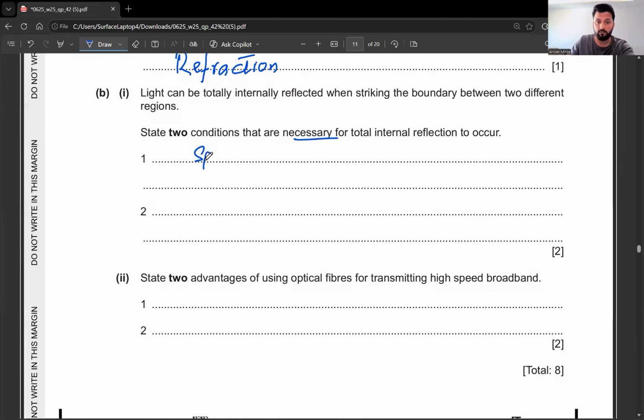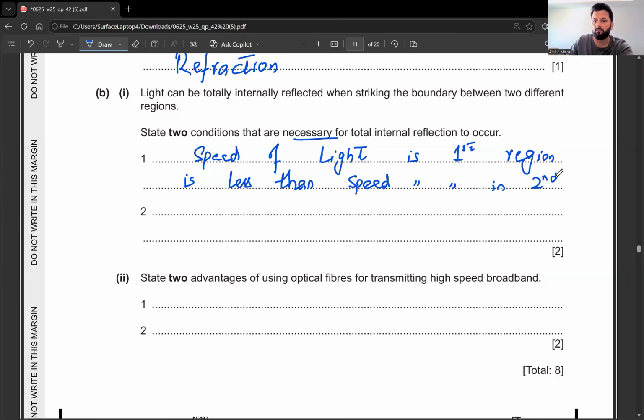So I'm just writing speed of light in first region is less than speed of light in second region. So you can complete it.